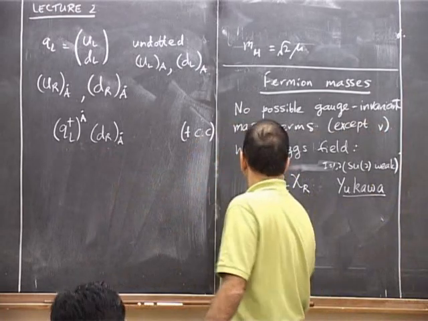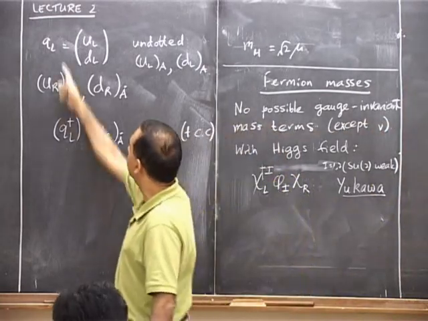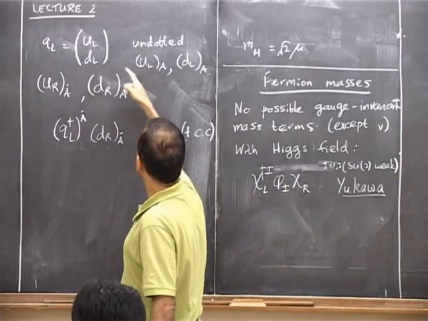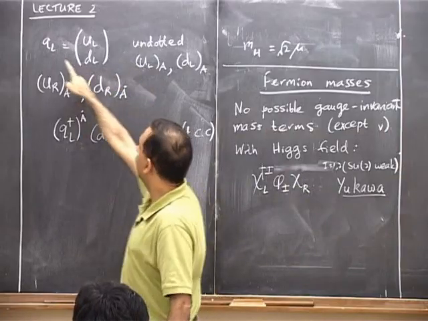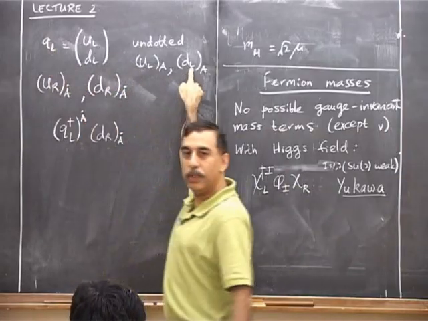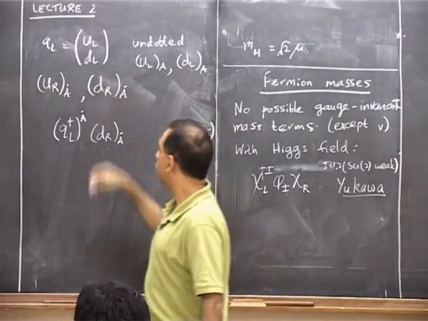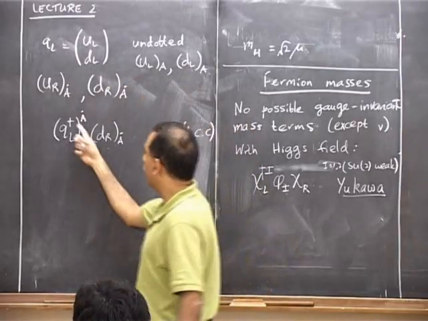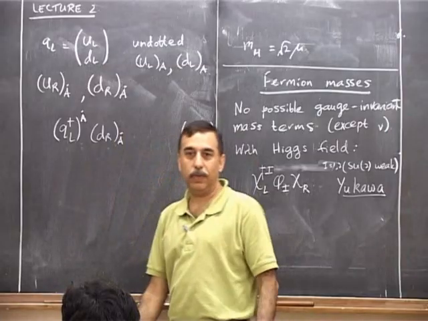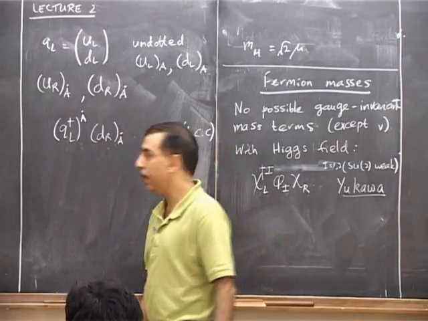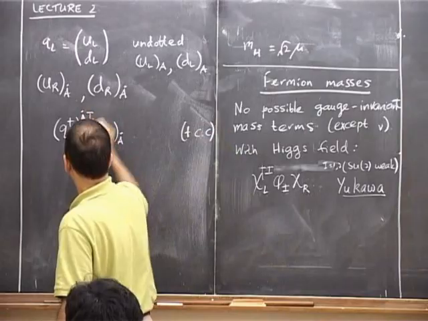But this is not complete because I have suppressed the I index on this doublet, which is the index such that Q1 is U and Q2 is D, the SU2 index. Now, how does that SU2 index behave when I dagger the field? Earlier it was a down index. It turns out that after I dagger it, it goes up.